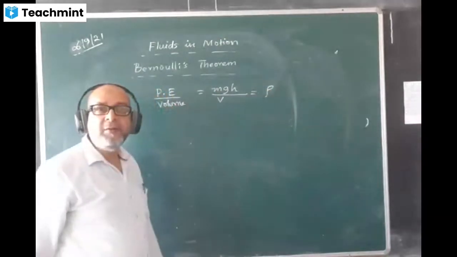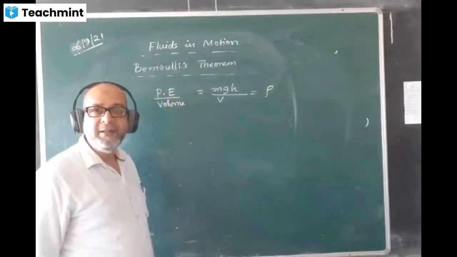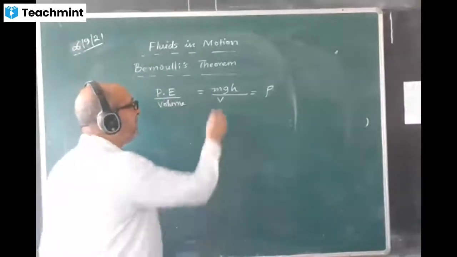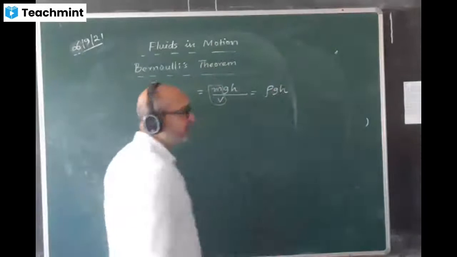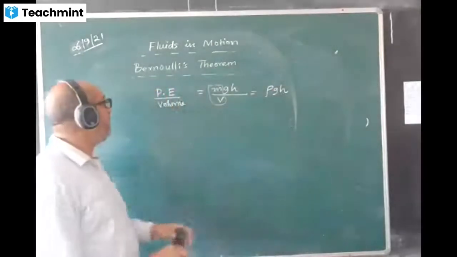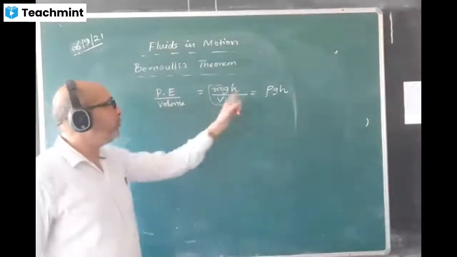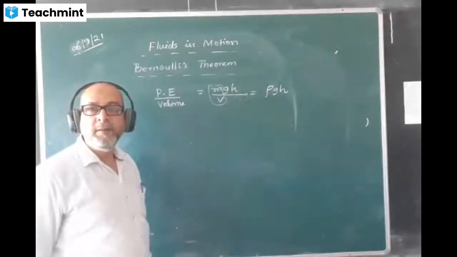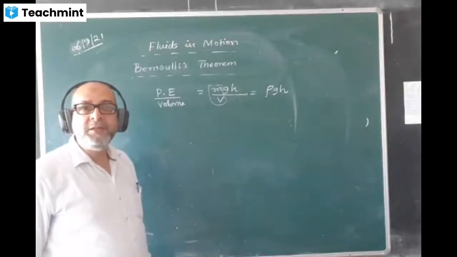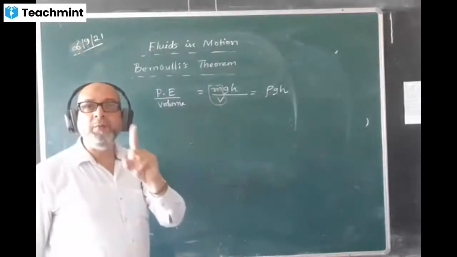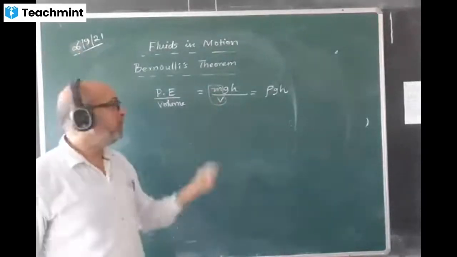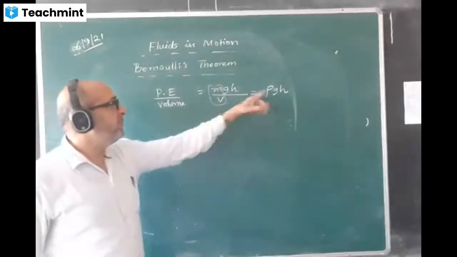In class 9 and all, we write D. D means density. But now the formula will slightly change. Mass by volume is making rho. We write rho GH. So what is the formula of potential energy per unit volume? Rho GH. Mass will change into density because taking per unit volume is per 1 meter cube of the volume. That is, mass will be the same as density.